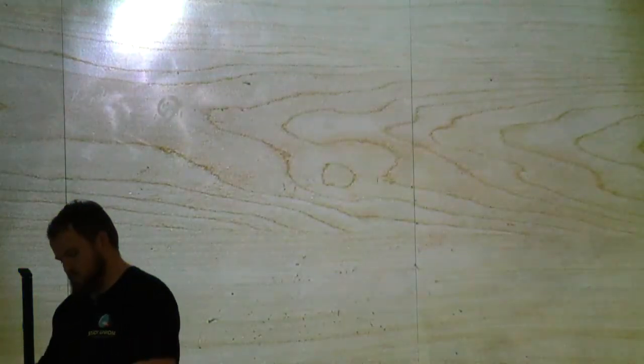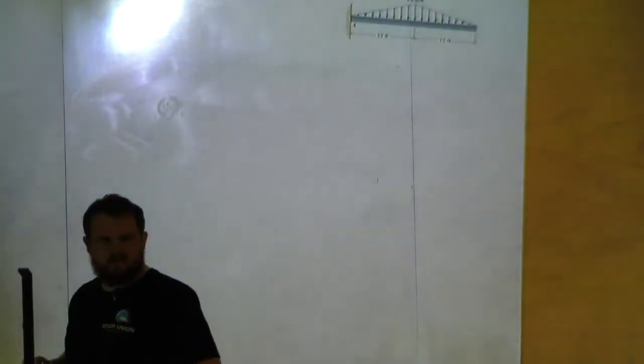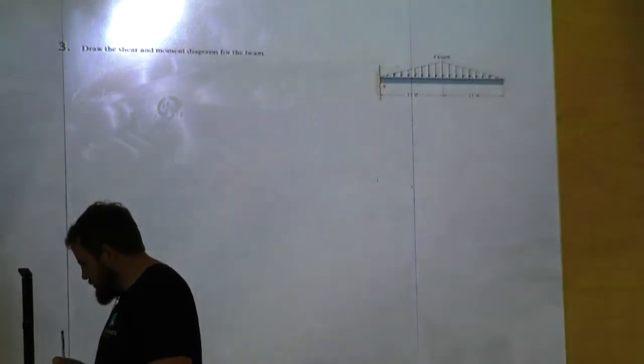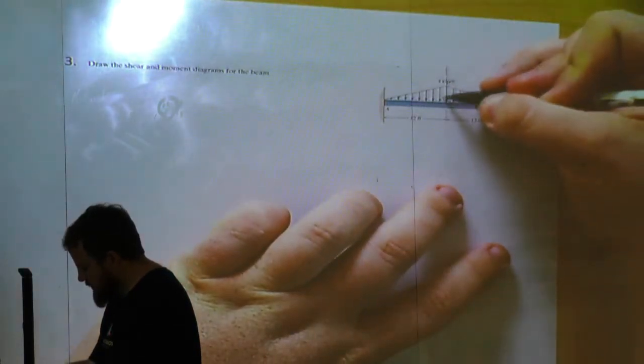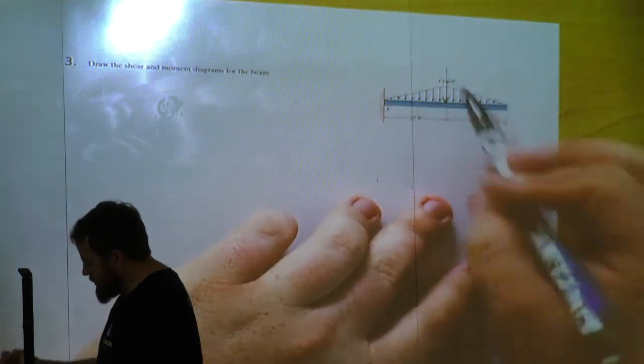So let's move on to 3. This one's a bit more wacky. Okay, so let's start this one out with the support reactions. So we know this load is going to have a concentrated load here, and it's going to be 1/2 base times height.